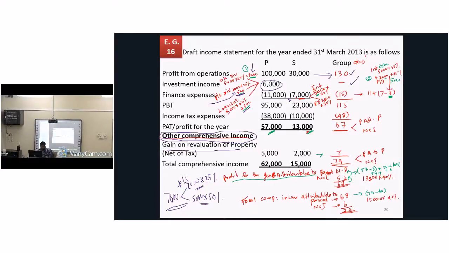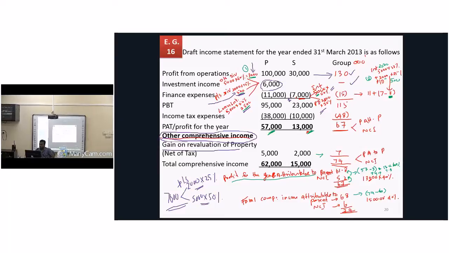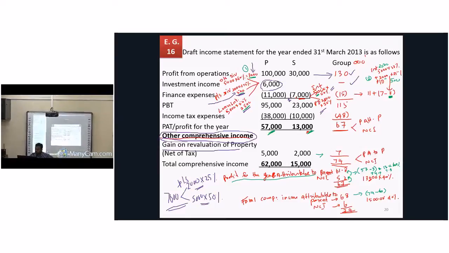Therefore, you have to calculate 2,000 into 25% and 5,000 into 50% and subtract. That means 500 plus 2,500, total 3,000. Out of 7,000 finance expense in the subsidiary's column, 3,000 is intercompany.